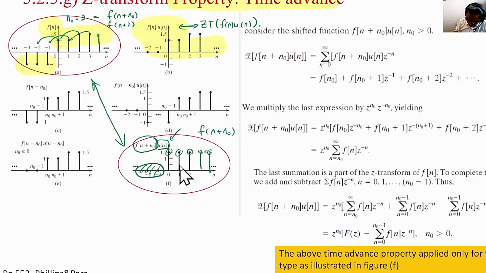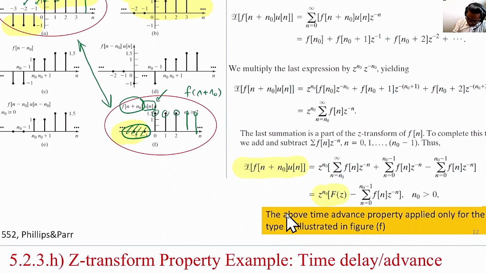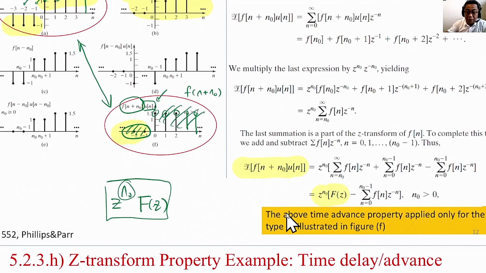The property says like this: the Z transform of f[n + n0]u[n], basically meaning wiping out the anti-causal part, is simply F(z), the original F(z), multiplied by z^n0, where n0 is the time advance. So this will give us the Z transform of this sequence.